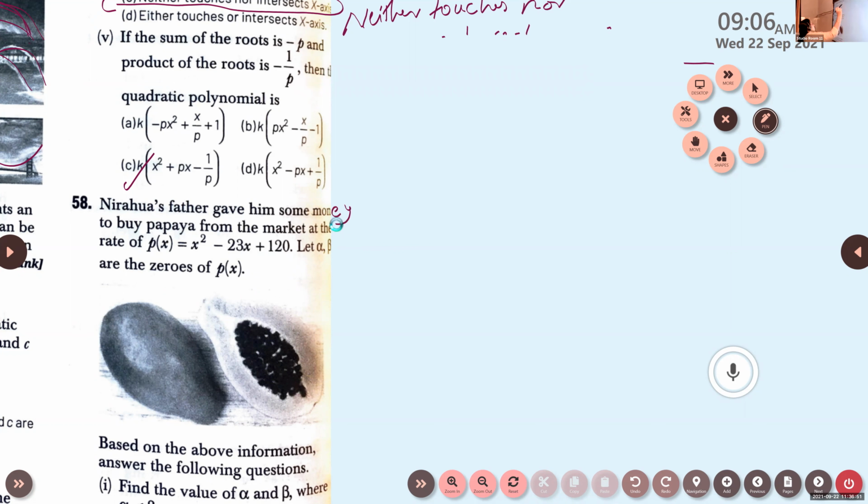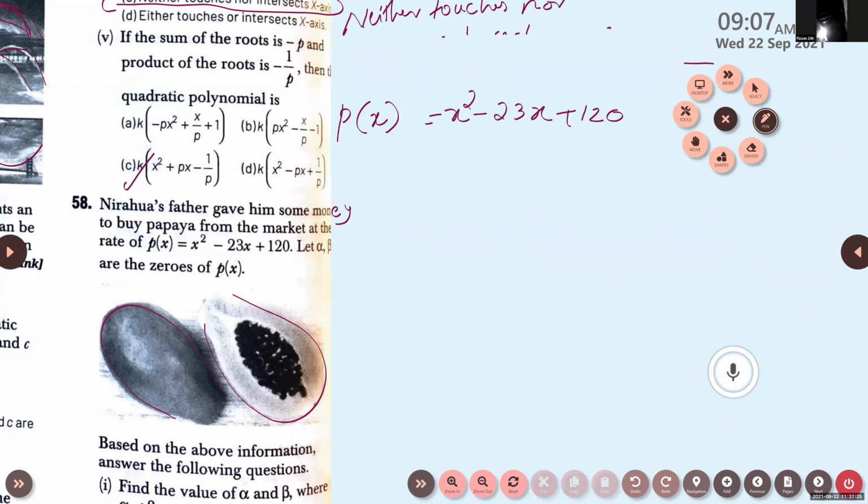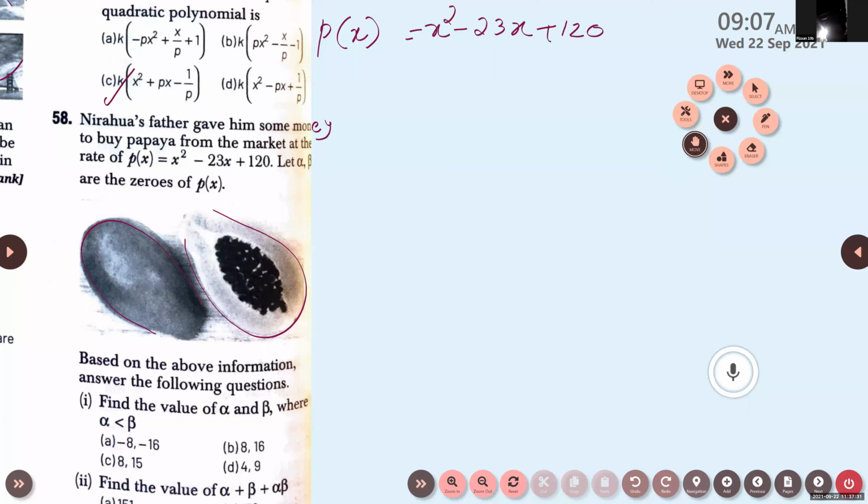Nirahu's father gave him some money to buy papaya from the market at the rate given in the form of a polynomial, p of x equal to x square minus 23x plus 120. See, papaya, we can see the parabolic shape. Alpha and beta are zeros of the polynomial p of x. Questions based on this. Then, first question.